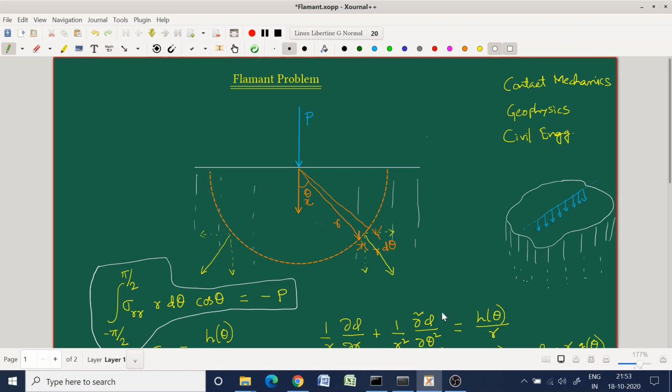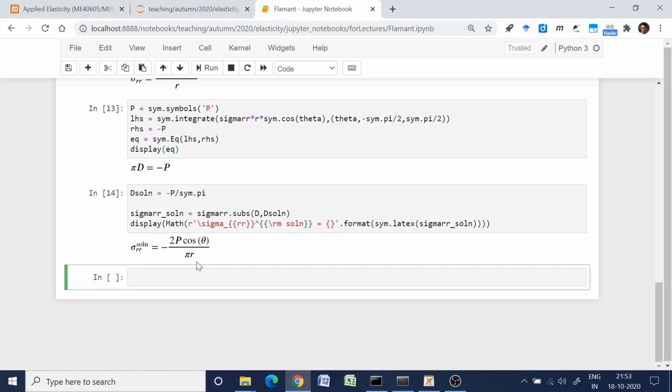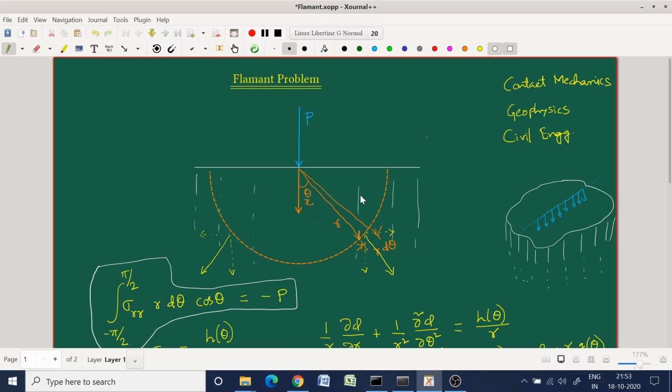And of course, because of this dependence on theta, you will be having different values along this. But because this is a dependence through cos theta, you will have the nice symmetry maintained about the x-axis, or theta equal to 0 axis.